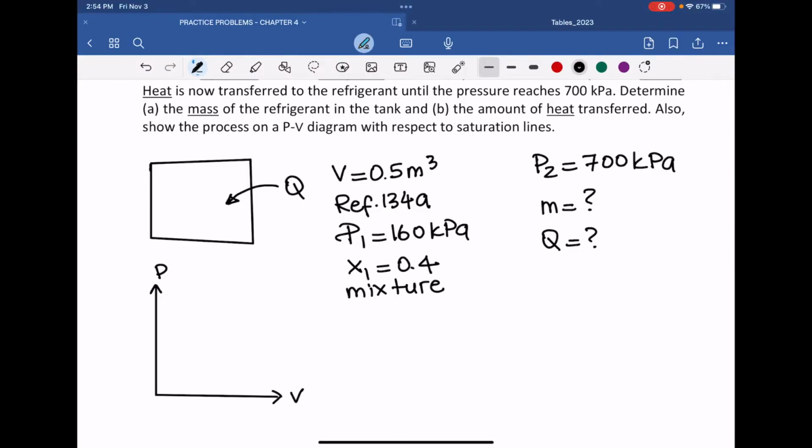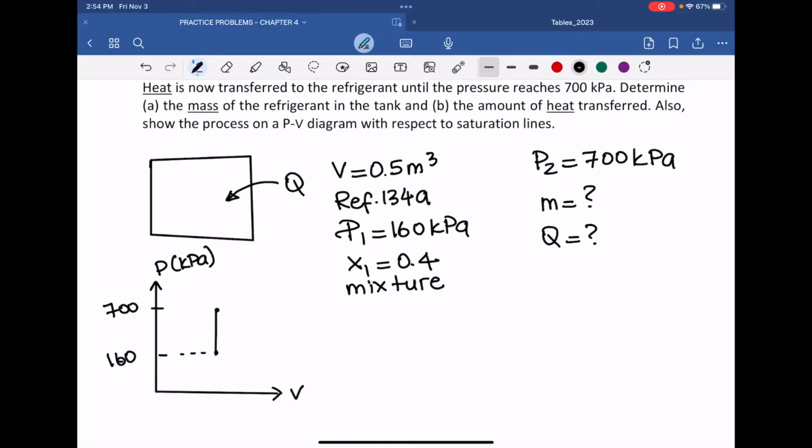So the pressure is increasing at a constant volume, right? Initially it was 160 and it became 700. And that is happening at a constant volume, like this.